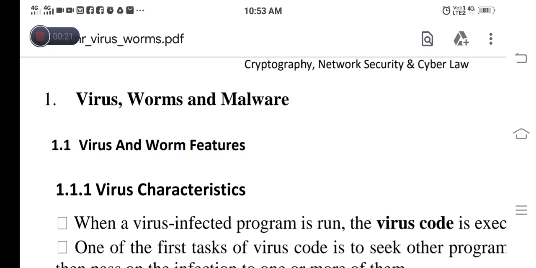So we'll start with the concept of virus, worms, and what are the procedures used by worms to propagate to the targets. Okay. So obviously we know the concept of the worm because already we are making use of the antivirus, right?